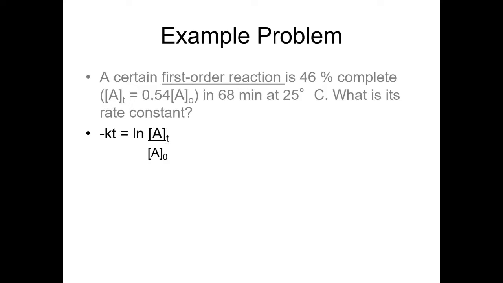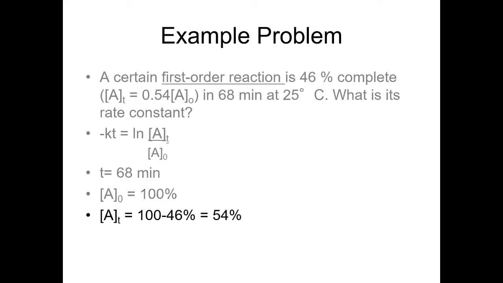So I could plug in 1 for A0, and then 0.54 times 1 would be 0.54 for AT. I could do that. Or, let me get the rest of the variables in here. I could say, okay, I have 54% left at time t, and I have 100% left at time 0.